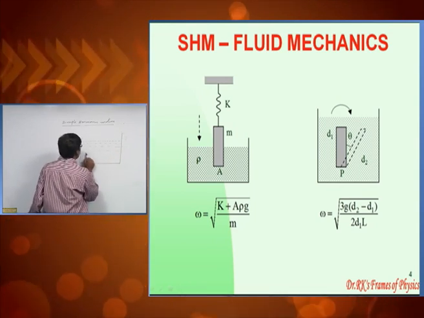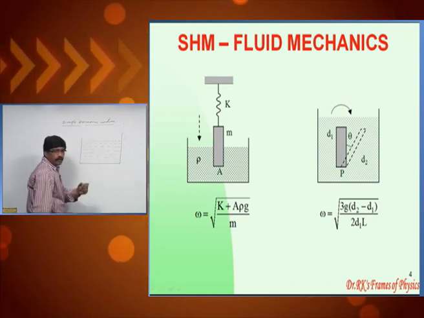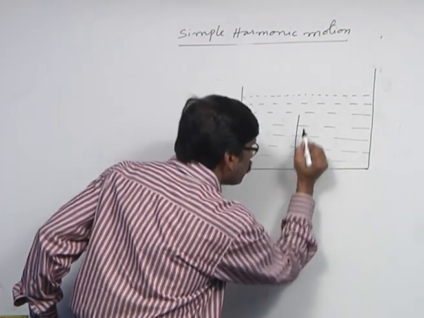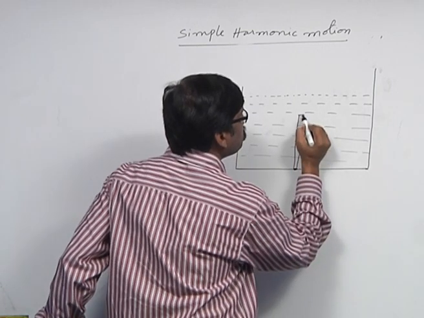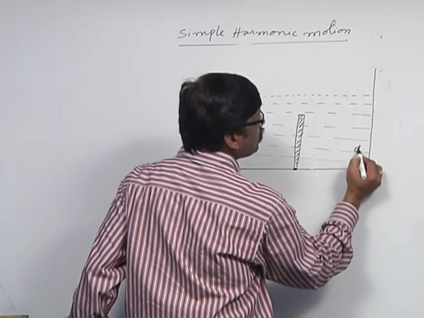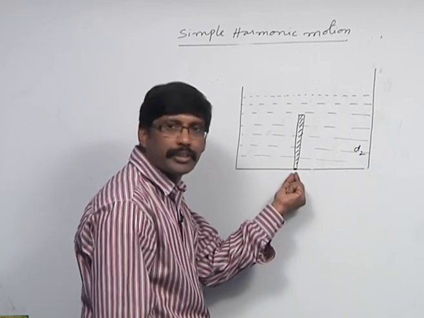So, let us say that a rod is fixed here, at its edge. D2 is the density of liquid, D1 is the density of solid. It's fixed here.